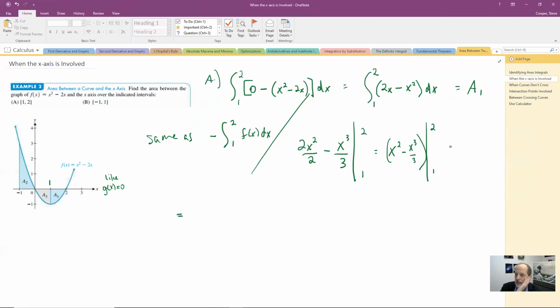Substitute. So I'm going to get 2 squared minus 2 cubed over 3, minus 1 squared minus 1 cubed over 3.